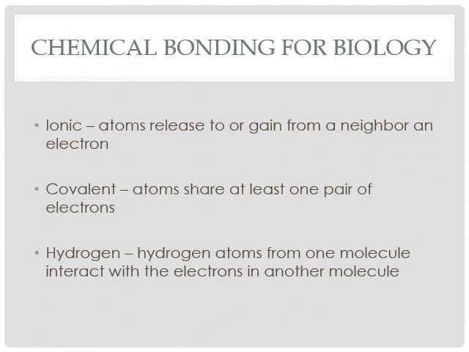And hydrogen bonds are going to interact with electrons in another molecule. They tend to be intermolecular forces more than intra, within a molecule. As far as strength goes, covalent's the strongest, ionic's next, and then hydrogen's the weakest. We're going to go through each of those on their own. And yes, you need to know these.